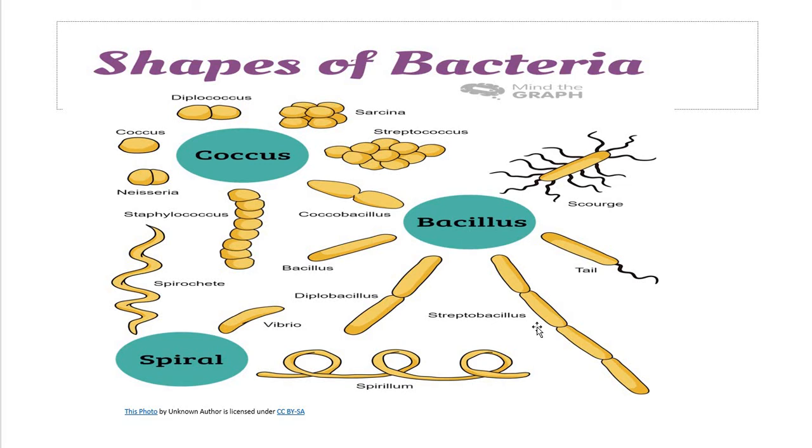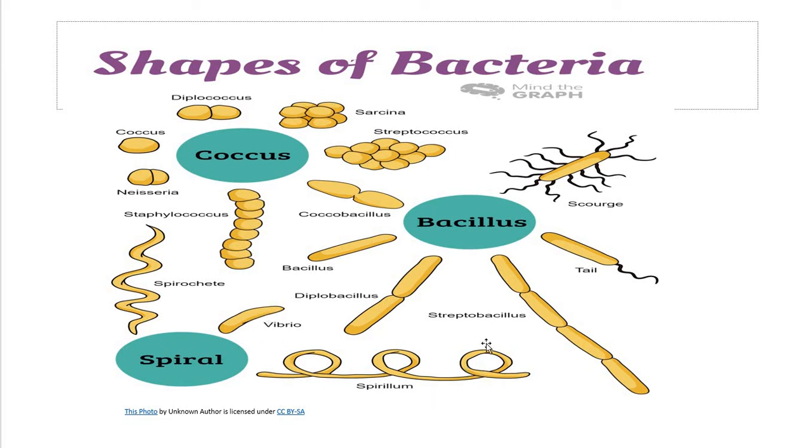And trichomes: when the cells of the chain have a much larger area of contact with each other, it results in the formation of trichomes. About spiral-shaped bacteria, they occur in two forms, that is the Vibrio and the spirillum.